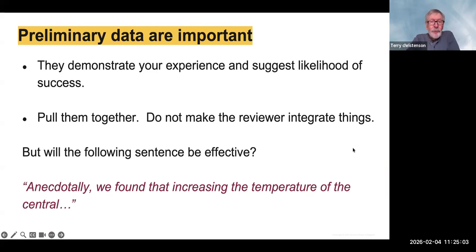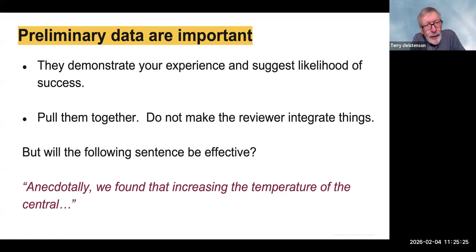All right. Preliminary data, they're not only important, they're really essential. This is the clearest way to demonstrate to your reviewers or your panel members that you have the experience and that there's a likelihood you can actually pull this off, that you can do this work.